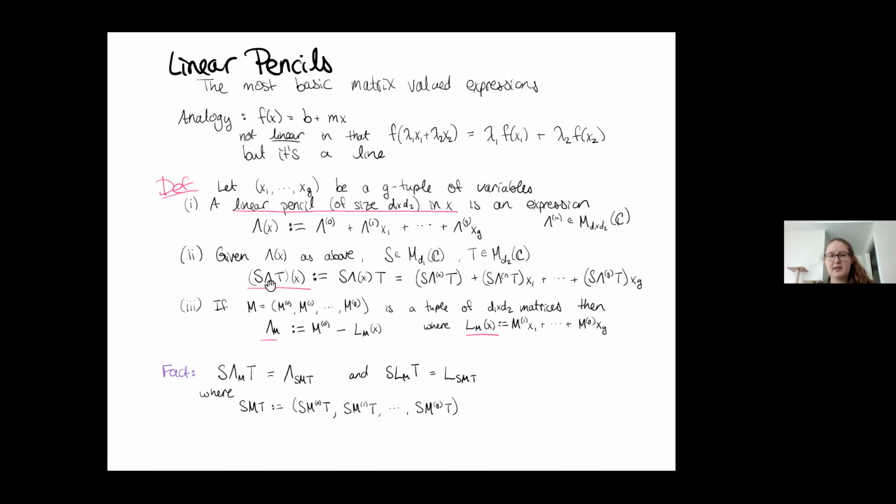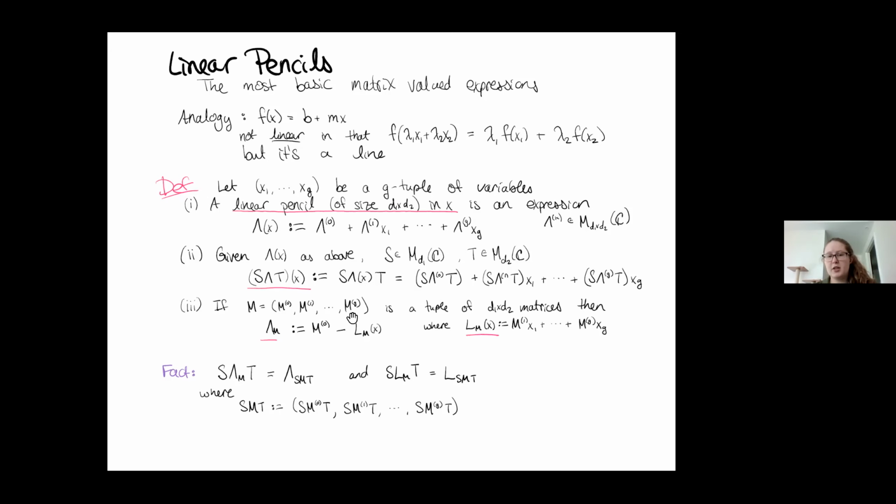I can talk about multiplying my pencil by other matrices. I have to choose them to be the appropriate size. When I do that, I say, all right, we'll do it in each variable. These variables x1 through xg can be moved around a little bit. We only want to have our matrices multiplying with matrices, and we're kind of distributing it over. Similarly, we're going to say, okay, well, here I started with this pencil and I found myself my lambdas.